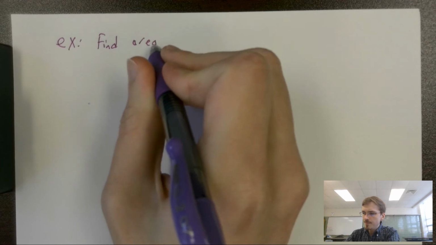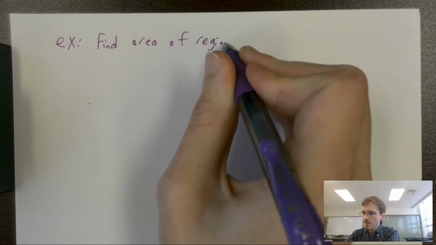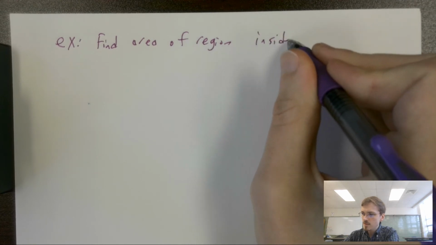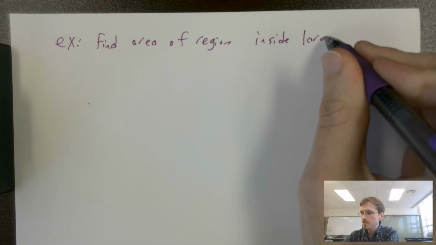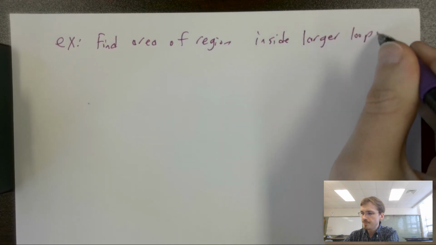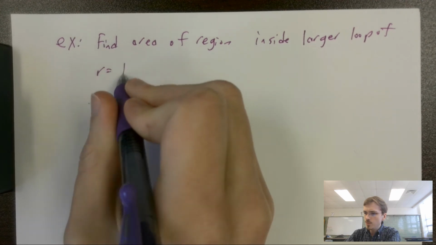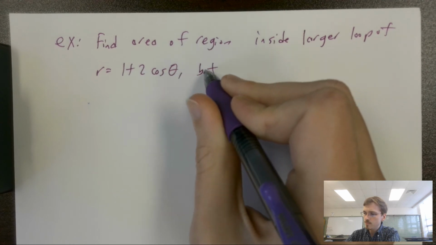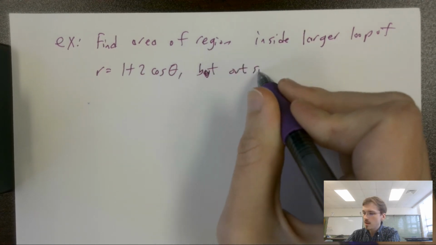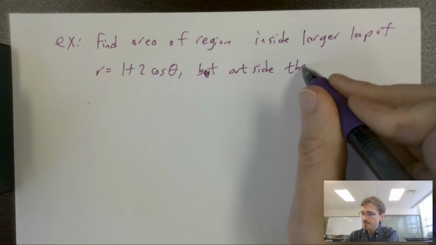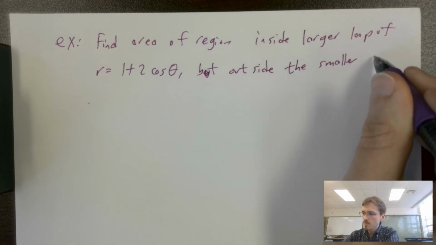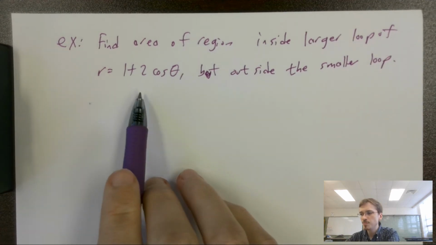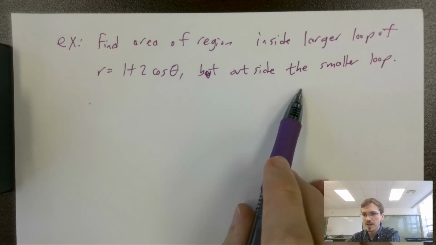Let's find the area of the region inside the large loop of the function r equals 1 plus 2 cosine theta, but outside the smaller loop. Find the area of the region inside the large loop of this curve, but outside the smaller loop that it has.